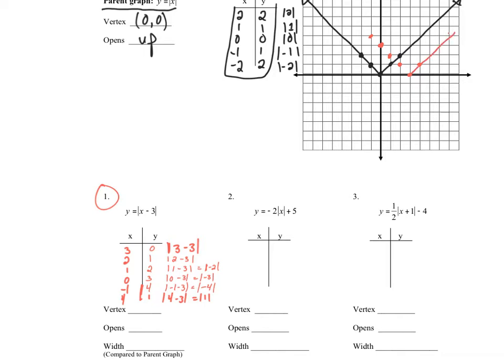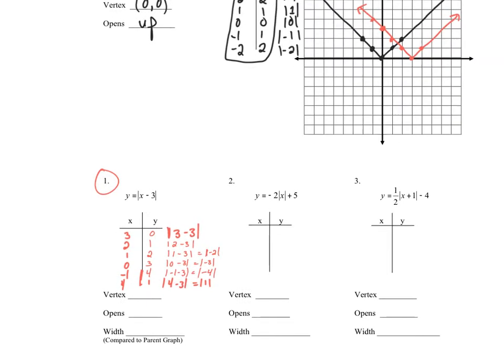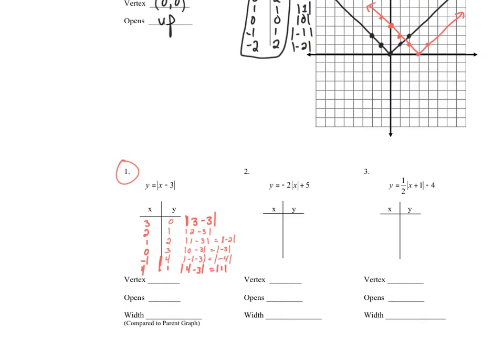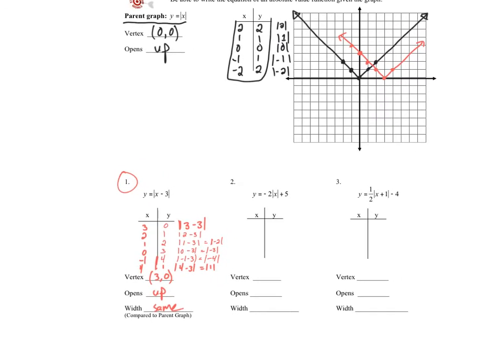This will form a V like that. The vertex is at 3, 0. It opens up, and it is the same width as the parent graph. Okay, so see that red graph is a little different than the parent graph. It's kind of slid over to the right.